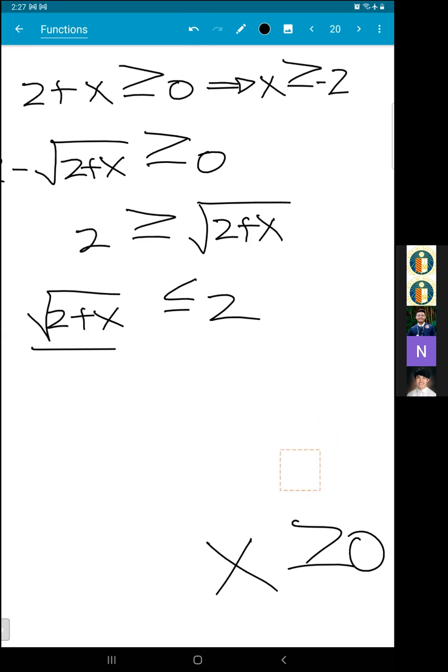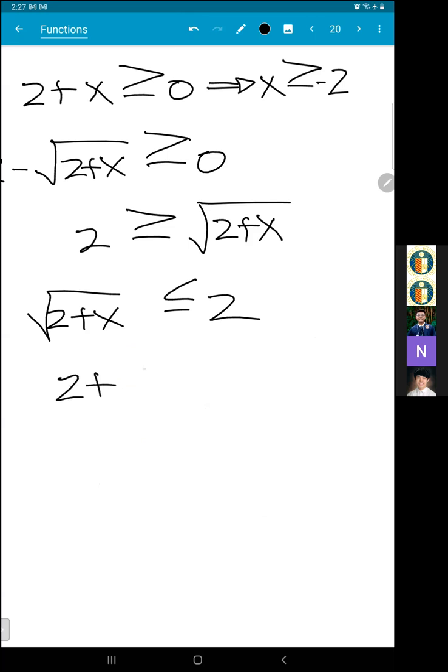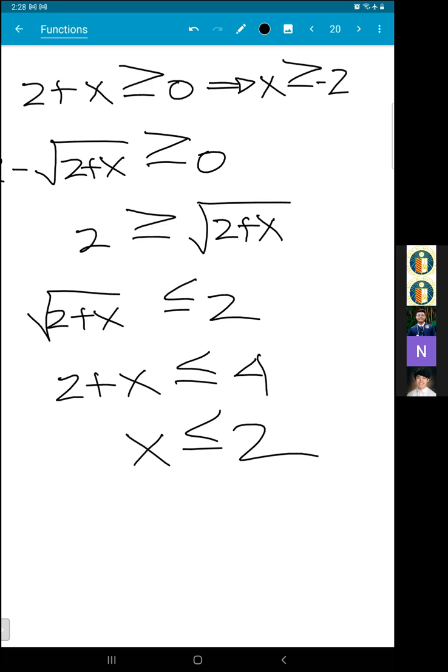So since they are both positive, we can solve this inequality by squaring both sides now. I square the left-hand side, retain the sense, square the right-hand side, solve for x. We get x less than or equal to 2.